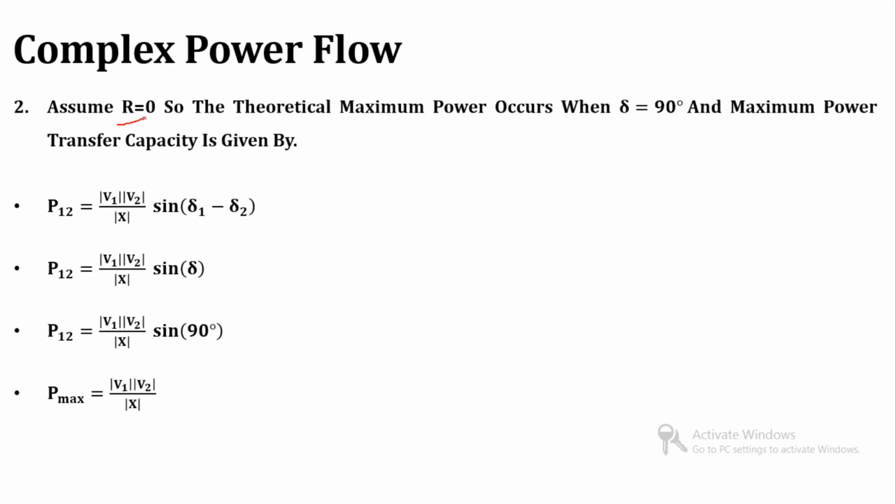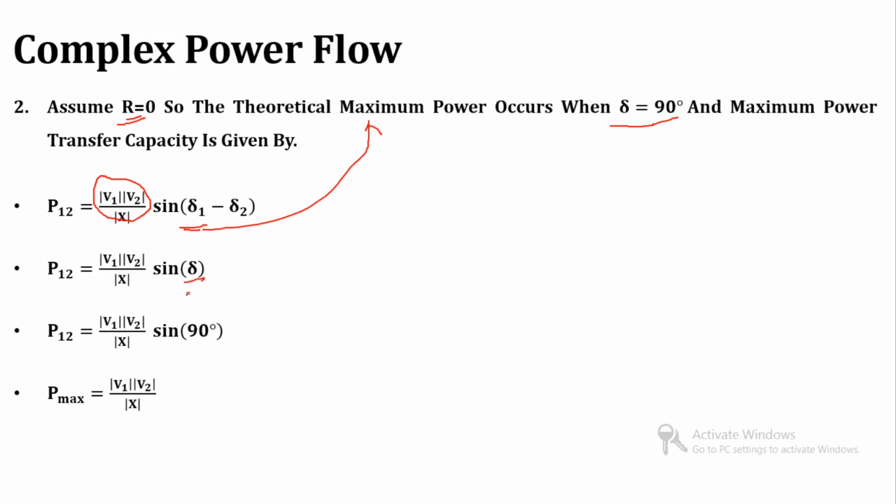Now consider the second case for R equal to 0, that maximum power occurs when delta equals 90. That means if this part is constant, then the maximum value of sine gives the maximum value of power, and the maximum value of sine theta is at an angle of 90.